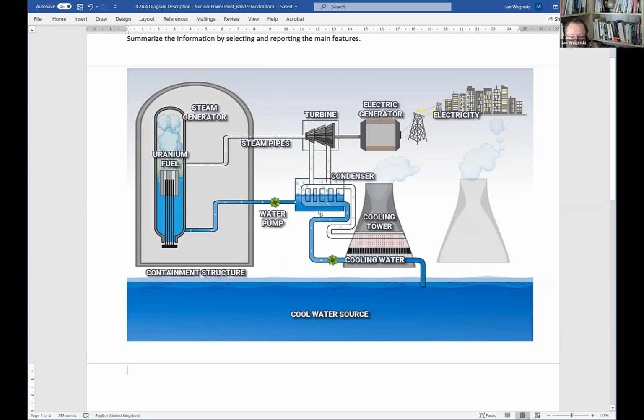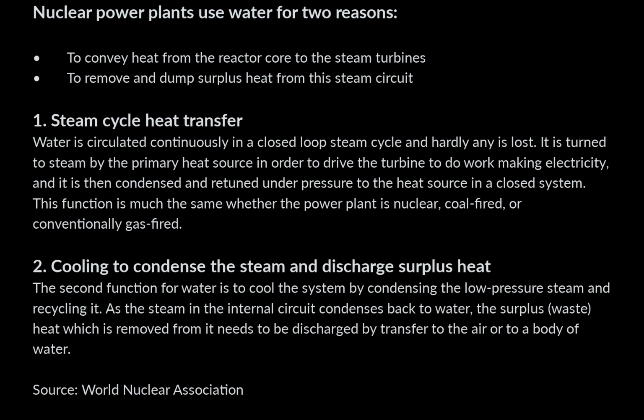This stuff here is just the cooling process. This water is sent to the cooling tower for cooling, and then new water comes in. What's the purpose of new water if it's a closed circuit?